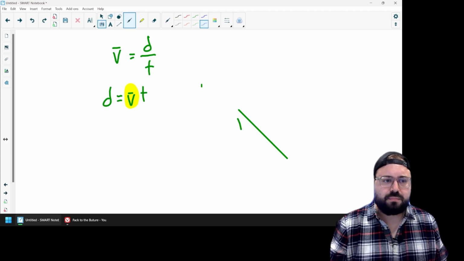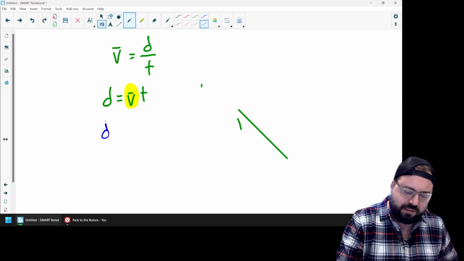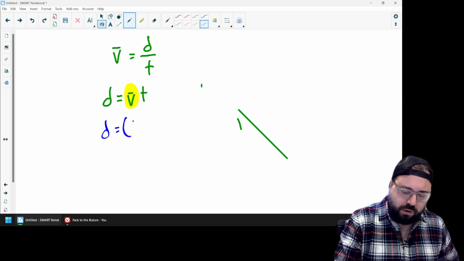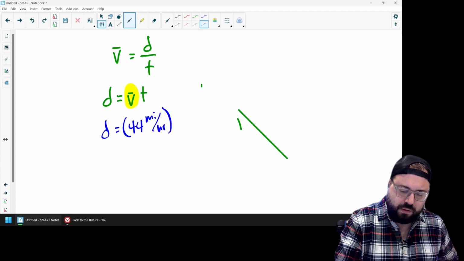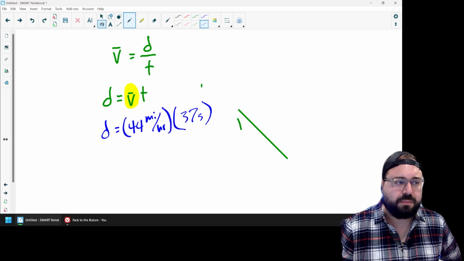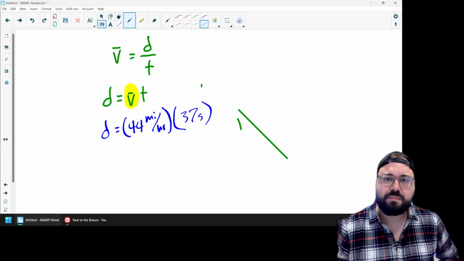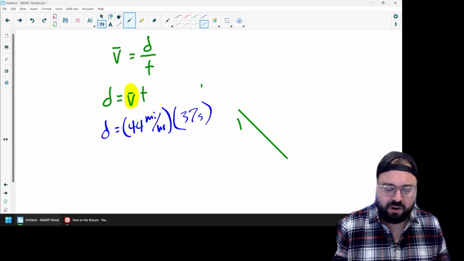So this is going to be a little weird. If I go to plug this in, I go, okay, distance equals 44 miles every hour times 37 seconds. We have a little bit of a problem, don't we? The hours does not cancel with the seconds. So we can't figure out how far this car has gone.